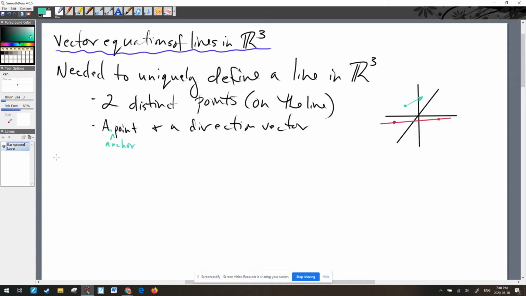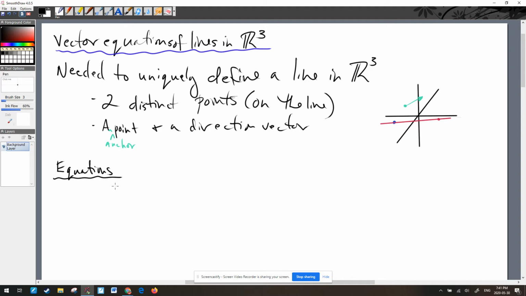So then let's consider what different equations we have at our disposal for lines in R3. When we talked about R2, we had a vector equation, parametric equations, symmetric equations, and then the Cartesian equation.